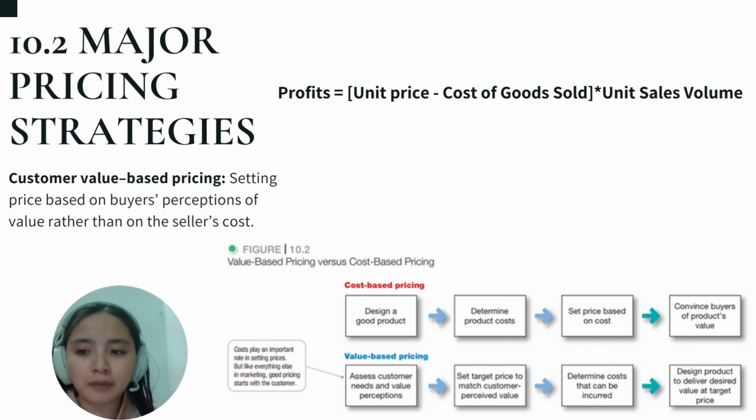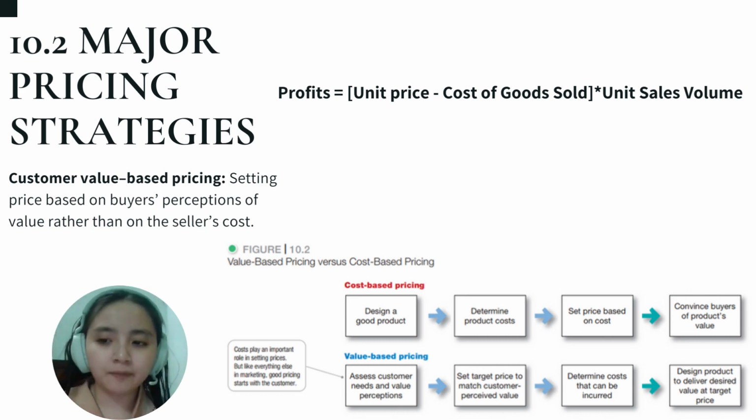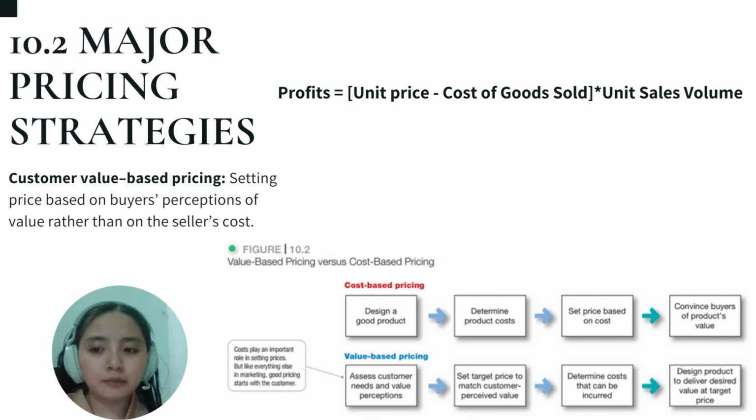With value-based pricing, the company first assesses customer needs and value perceptions. It then sets its target price based on the customer's perception of value. The targeted value and price drive decisions about what costs can be incurred and the resulting product design.